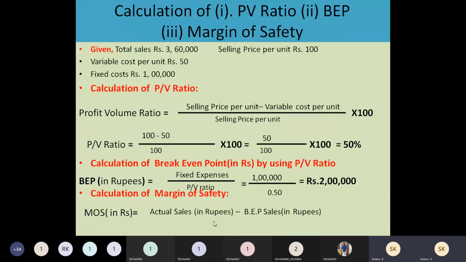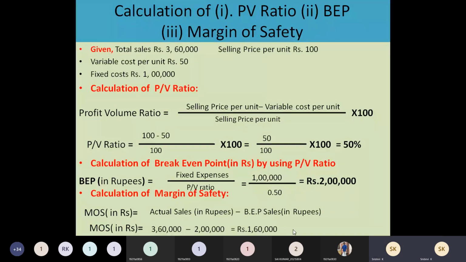The actual sales was 3,60,000, no? So 3,60,000 minus the break-even point which we have calculated, 2 lakh rupees. The result will be rupees 1,60,000. 3,60,000 minus 2 lakhs is 1,60,000. I think here there is no need of using the calci.